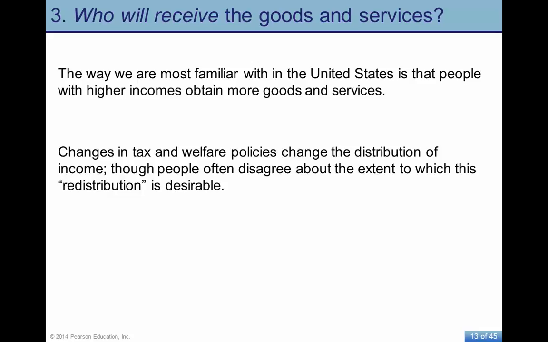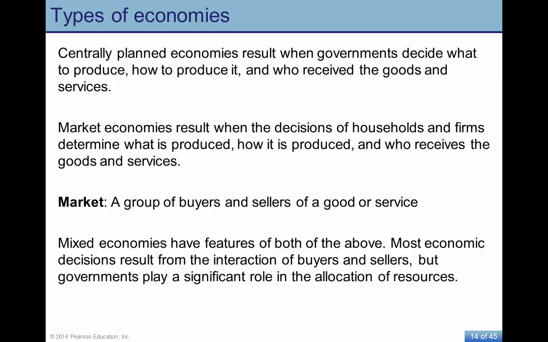Changes in tax and welfare policies change the distribution of income, though people often disagree about the extent to which this redistribution is desirable. Types of economies. There are three types of economies: planned economy, mixed economy, and market economy.